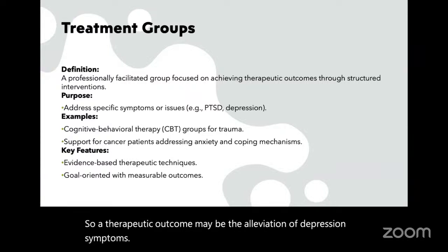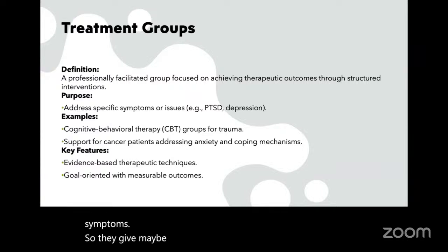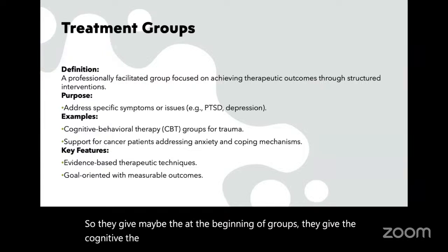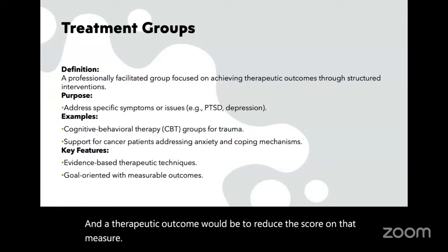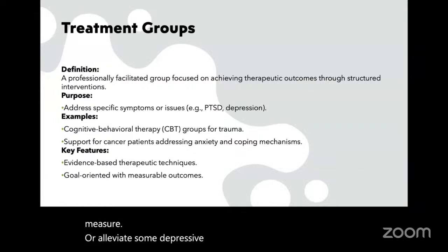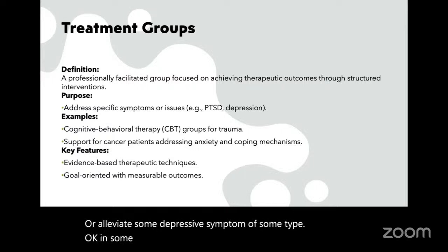So maybe at the beginning of groups, they give the Beck depression scale. And a therapeutic outcome would be to reduce the score on that measure or alleviate some depressive symptom of some type. Okay.